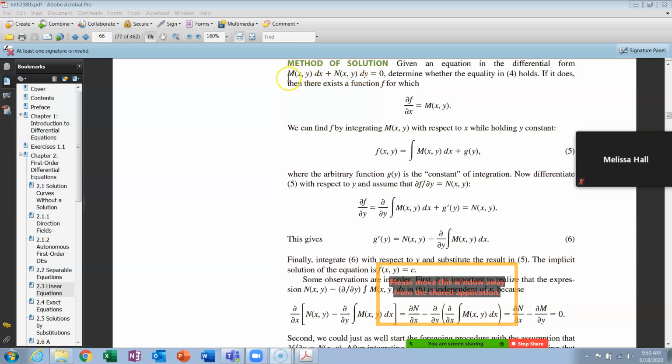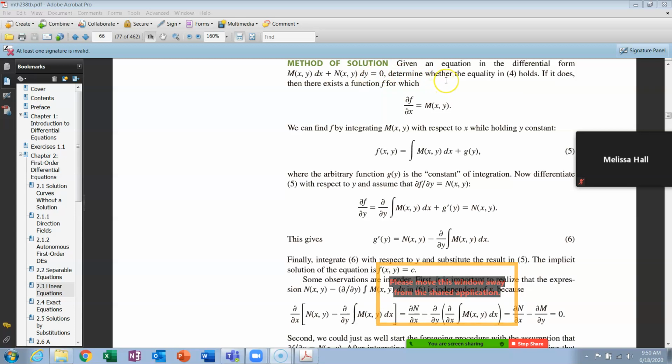Two completely different, weird-looking functions of x and y here. They don't have to look at all similar. But here's a requirement, that M of x,y dx plus N of x,y dy has to equal 0. If it doesn't equal 0, try some other method, because this one will not work. That is a key feature. This differential form has to equal 0.